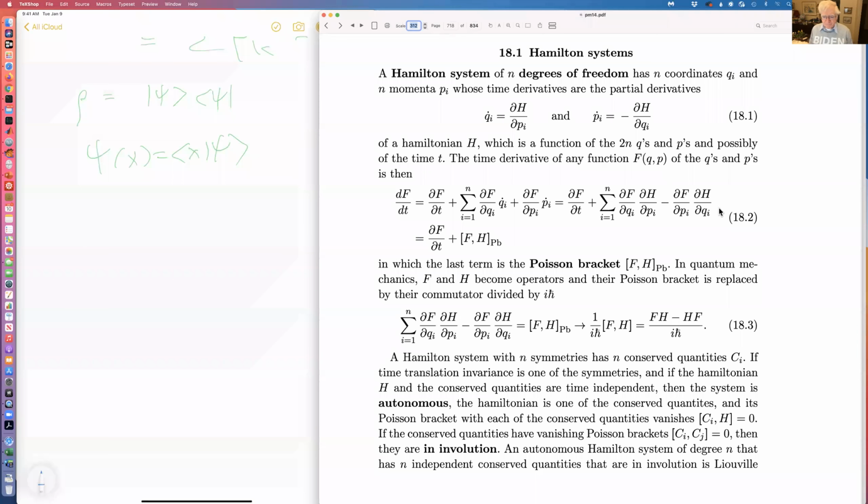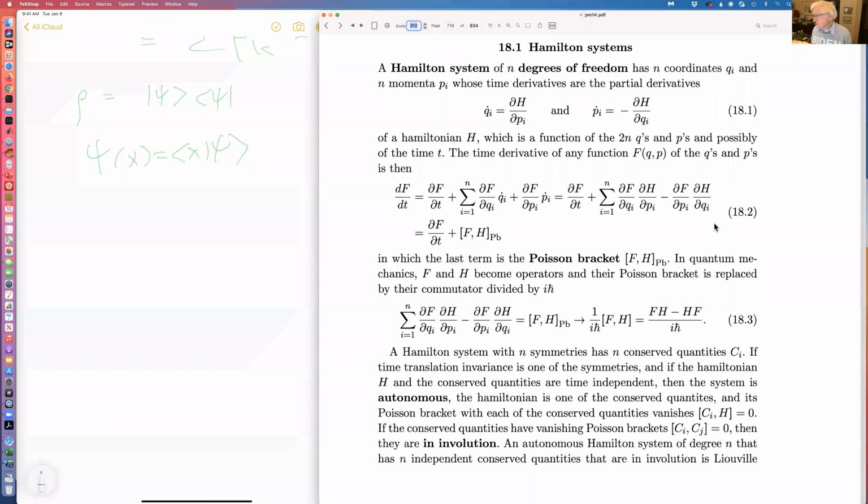And it was Dirac who realized that what people were doing in quantum mechanics was constructing things that were effectively commutators, and these commutators were analogous to Poisson brackets.